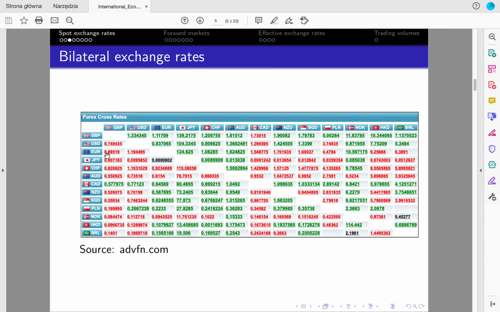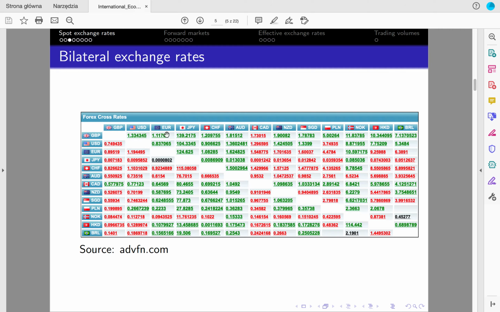Here we see how many pounds I need to pay for 1 unit of euro. It's approximately 0.9 of a pound, right?